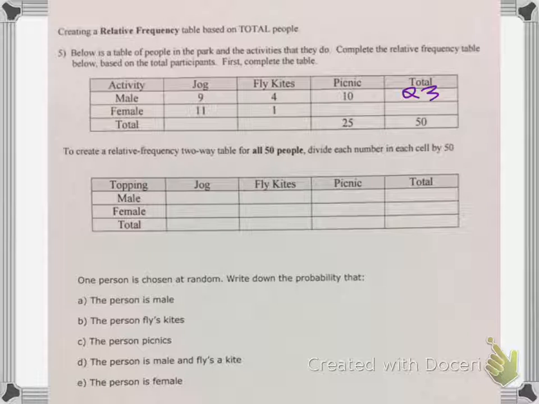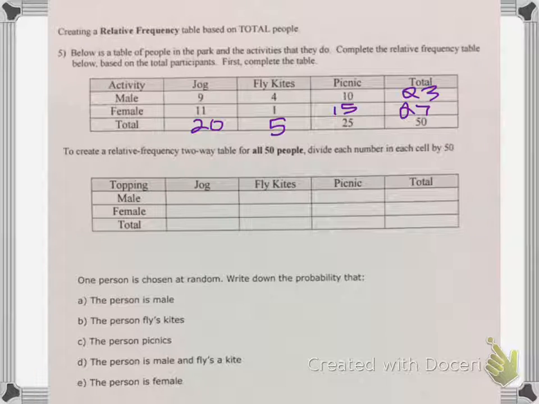We know that 23 plus 27 would give us 50. We can fill in the blank right next to the 27 because it would have to be 15 in order to add up correctly. We can go 4 plus 1 right here to get 5, 9 plus 11 right here to get 20, and then we know everything adds up correctly.